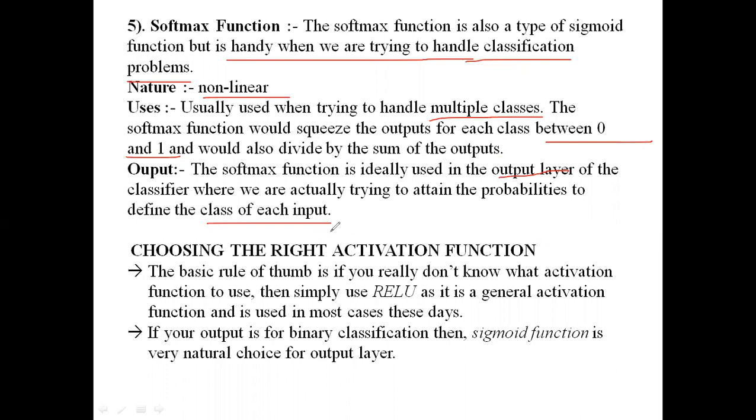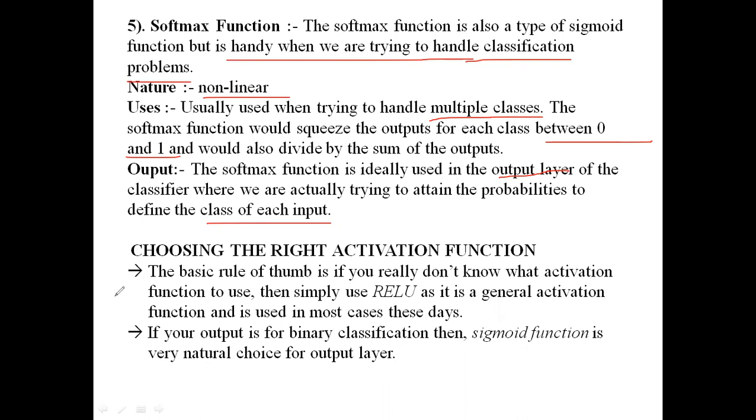If you apply the sigmoid function, you will get only 0 or 1 as output. But if you apply the softmax function, you are going to get 0.5, 0.6, or something in between 0 and 1. Clear? So this is about the softmax function.